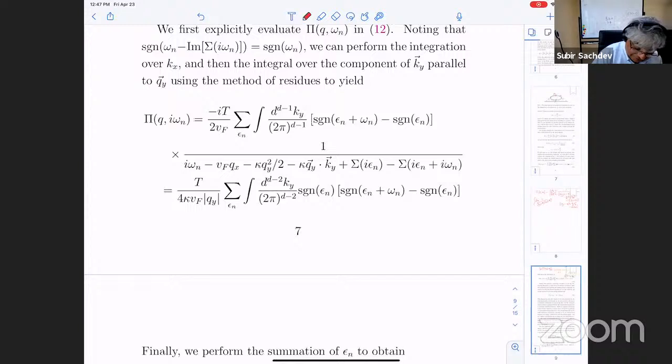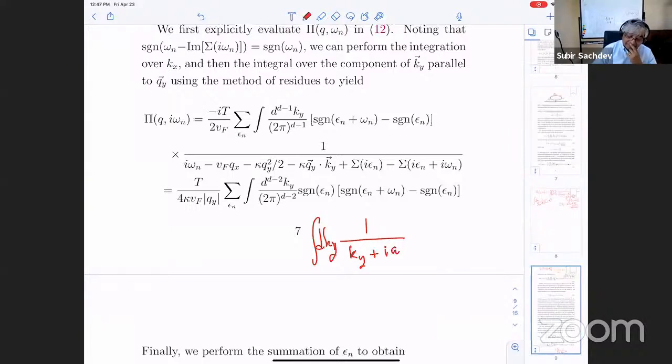So then this whole integral is basically of the form, if I just take the direction qy, the integral dky over ky plus ia, where a is some number.